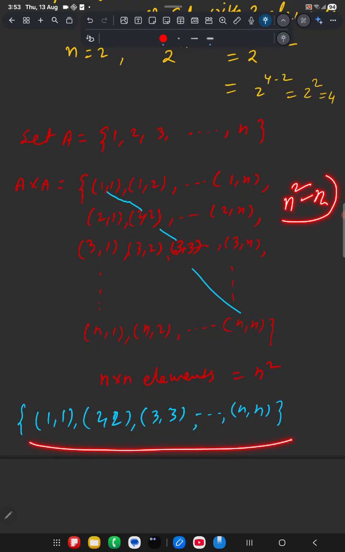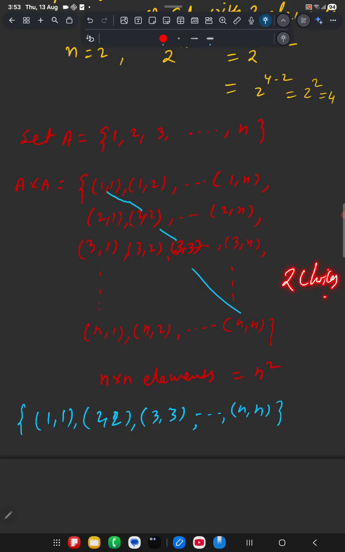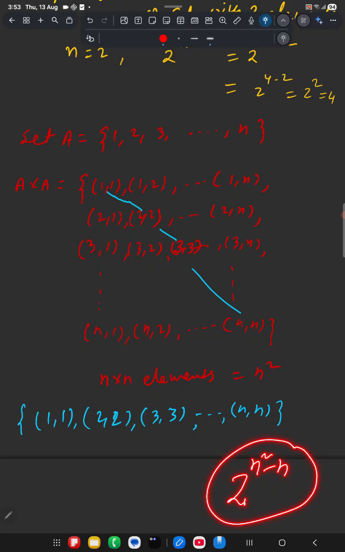So the remaining elements are n square minus n. These n square minus n elements may be there, may not be there. That means these many elements have two choices. That is why your total number of reflexive relations comes as 2 raised to the power n square minus n. Have you understood this?